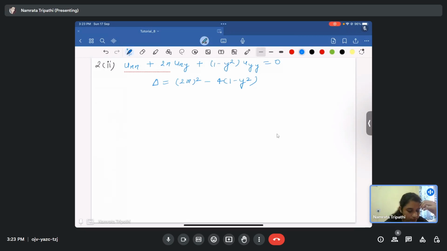Just put delta equal to 0, means 2x whole square plus 4y square is equal to 4. Fine. Can you say x square plus y square is equal to 1?